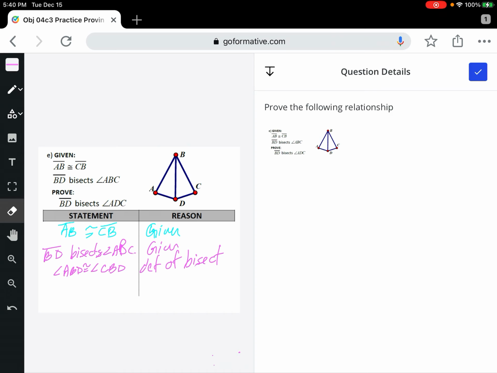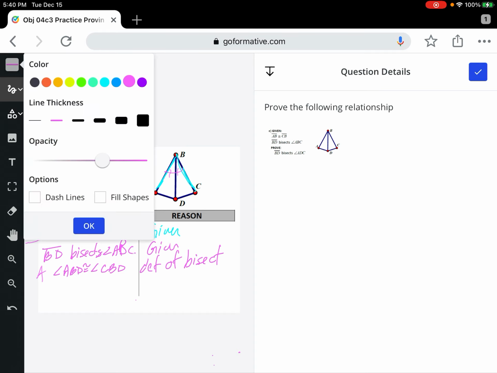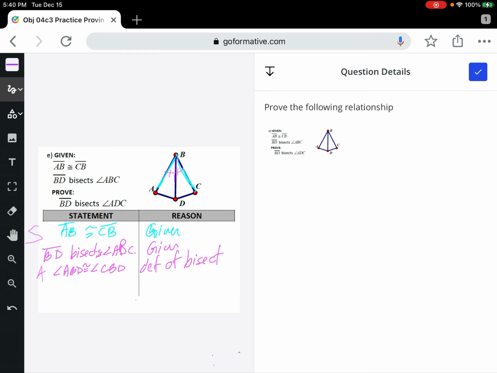So it is this angle, this part, and this part. So we have a side, we have an angle, and then you also realize that this is congruent to itself. I know BD is congruent to BD because it's the same side. That, of course, is good old reflexive property.